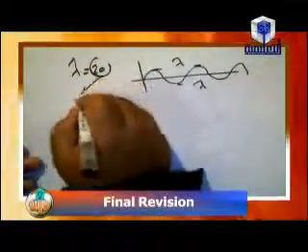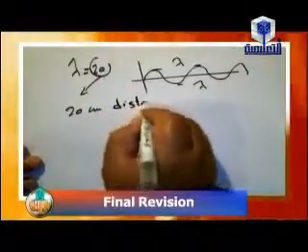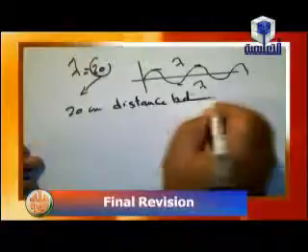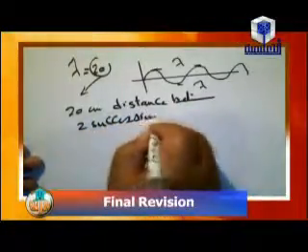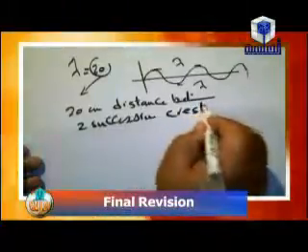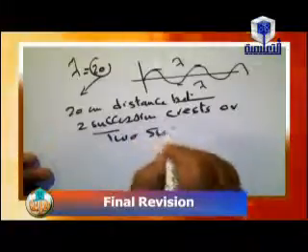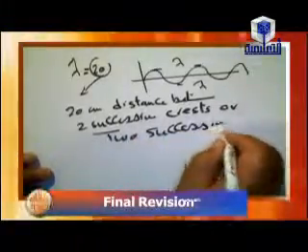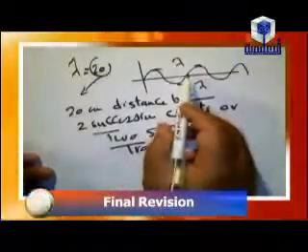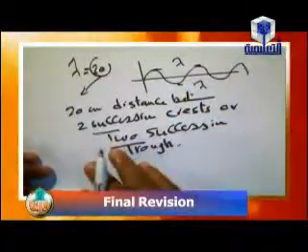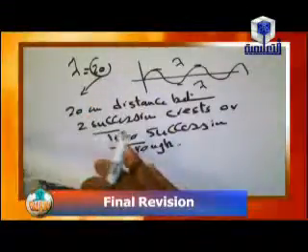So 20 centimeter is the distance between two successive crests or two successive troughs. Or we can say it is the distance between two successive points having the same phase. That is the wavelength.